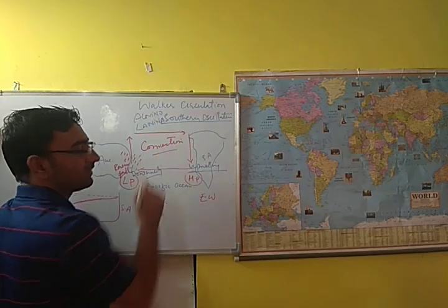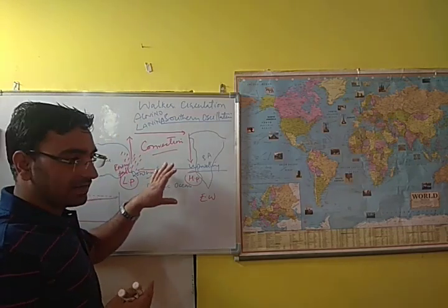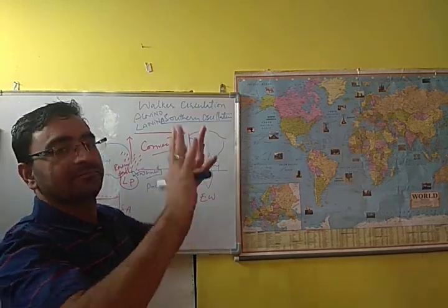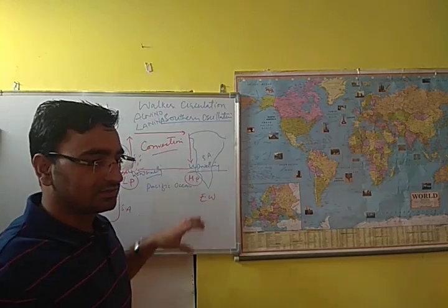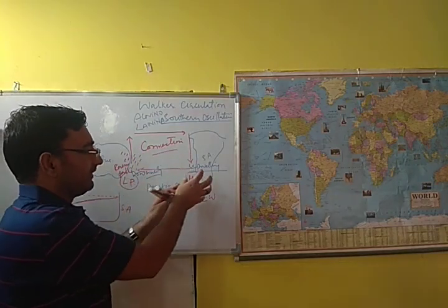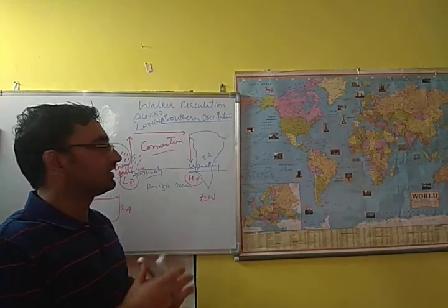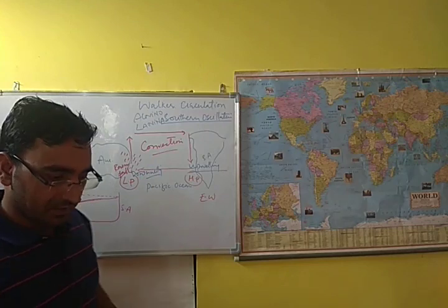Actually, El Nino and La Nina are the two extreme phases of this Walker circulation. So this is the normal condition: when you have high pressure here, you have low pressure here. Let me first discuss what is La Nina.